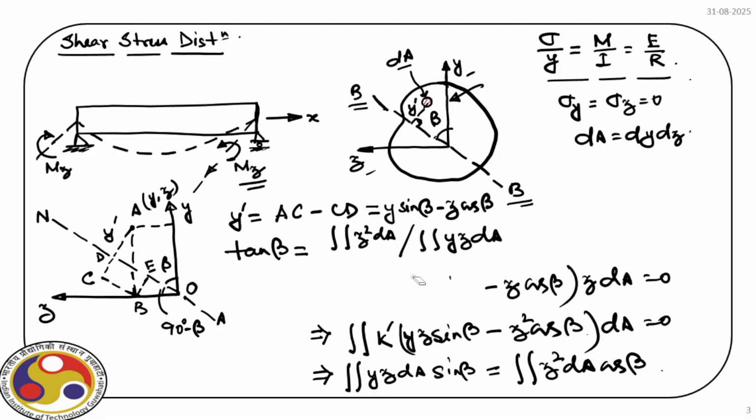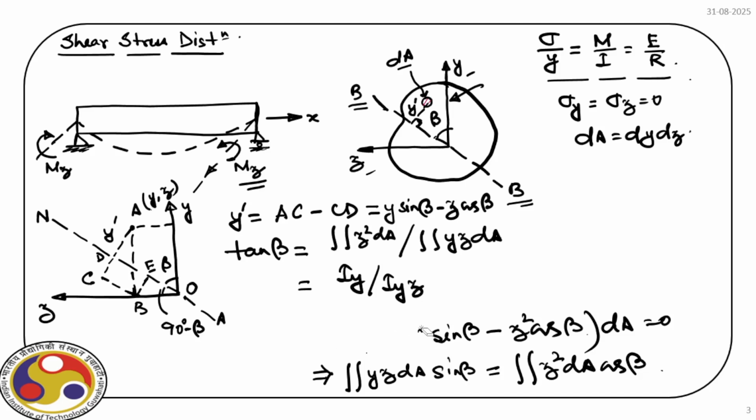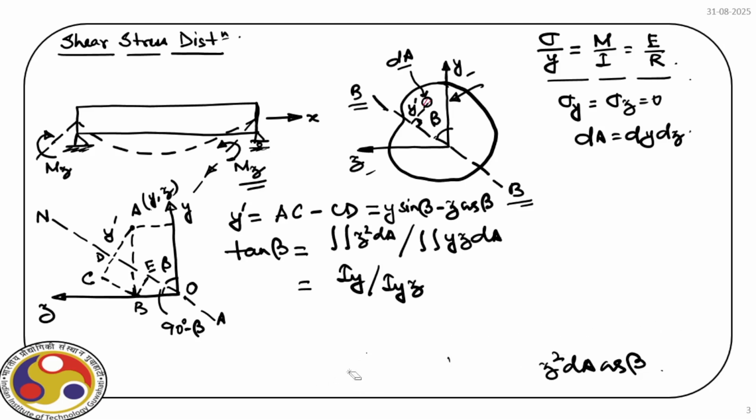So we can identify these integrals. The first one in the numerator is nothing but Iy, and the expression in the denominator is Iyz. This is a very important expression because from this expression we get beta equal to tan inverse of this quantity, and that gives us the orientation of the neutral axis.